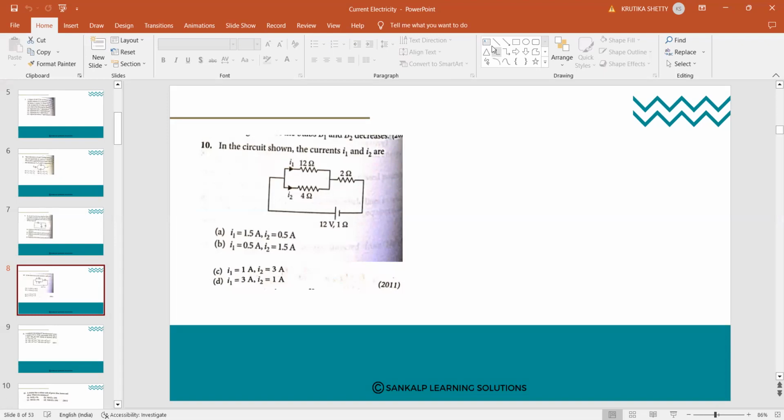Don't think the circuit looks tough. You can simplify this very easily once you know the division rule. Such circuit simplification is very easy.